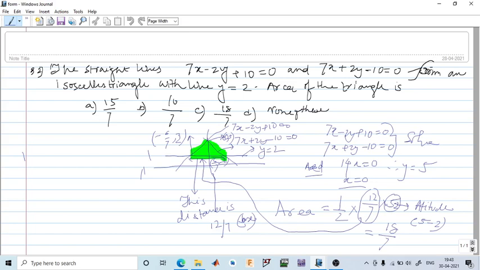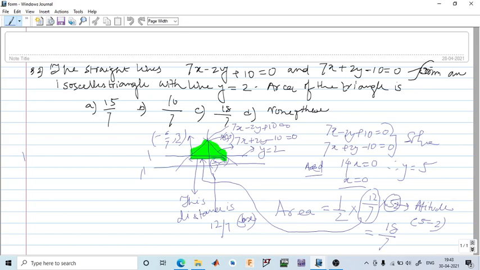First let us think that I have drawn the line y equal to 2, and after that I made these two lines, 7x minus 2y plus 10 equals to 0 and 7x plus 2y minus 10 equals to 0.